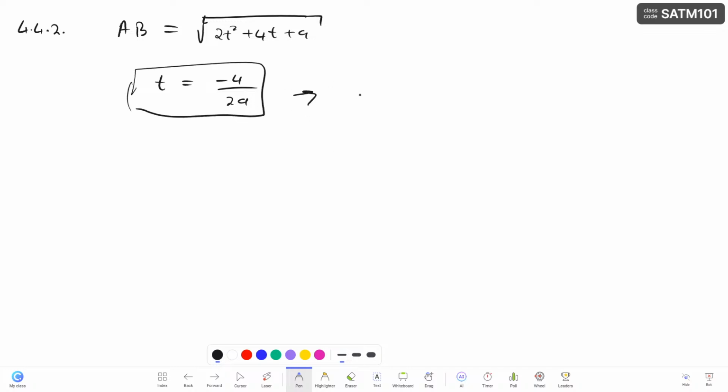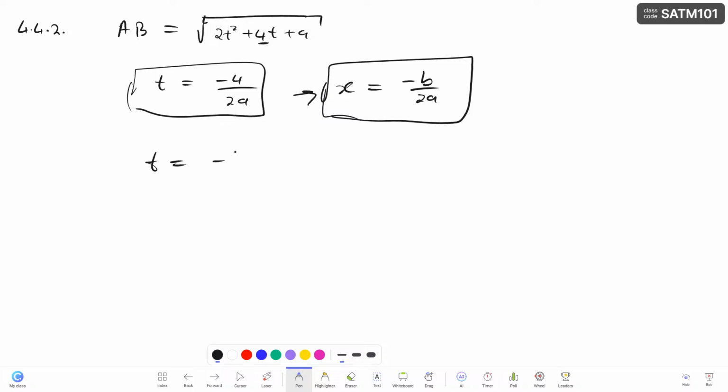So now we just need to substitute. Negative 4, we took this one here. So we're going to say t is equal to negative 4 over 2 times 2, which is going to give us negative 1.